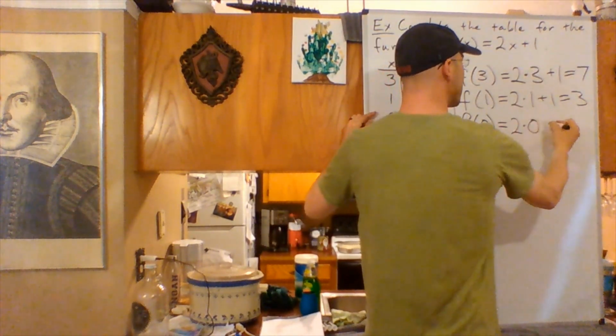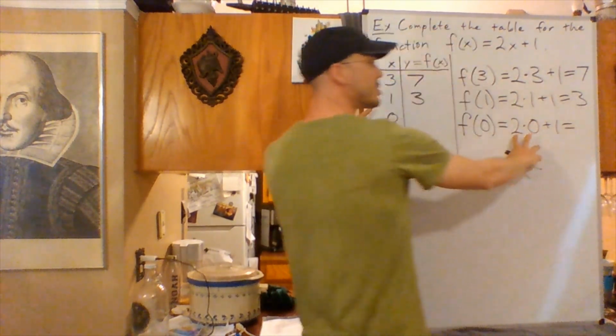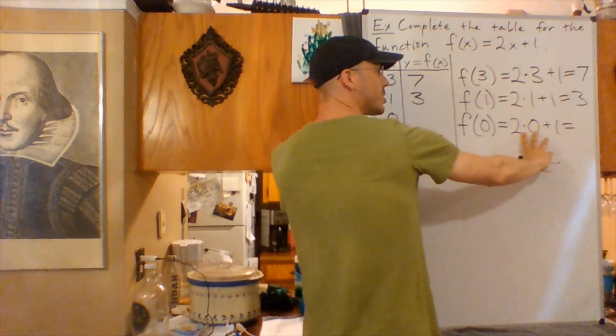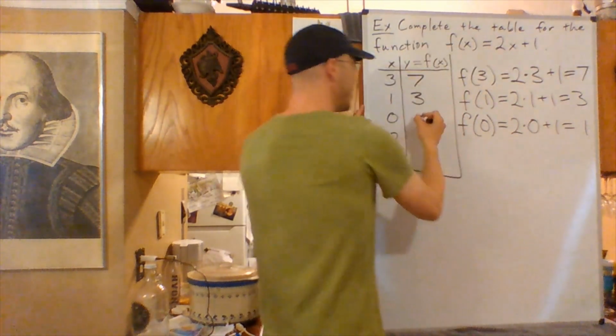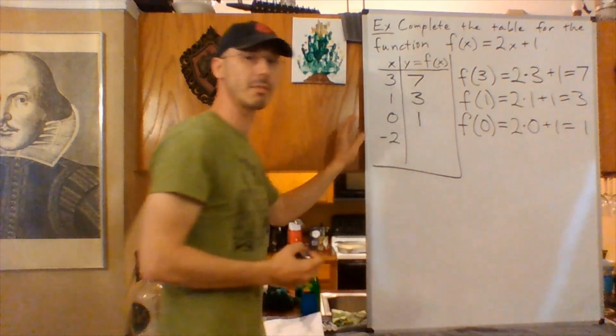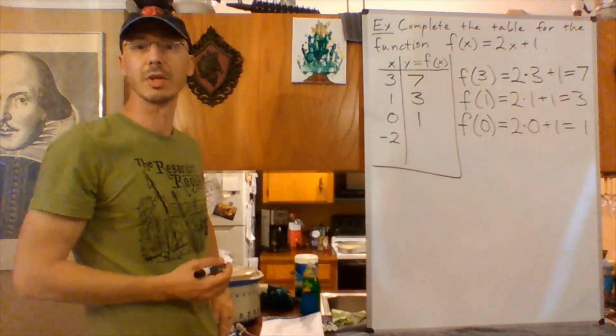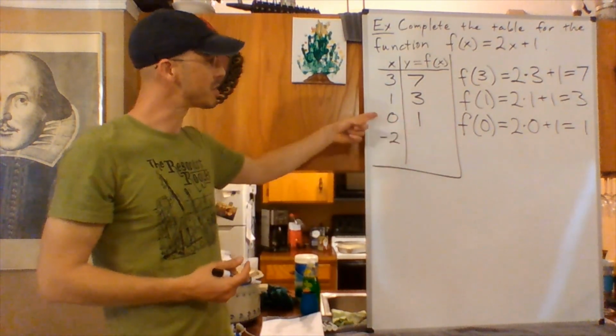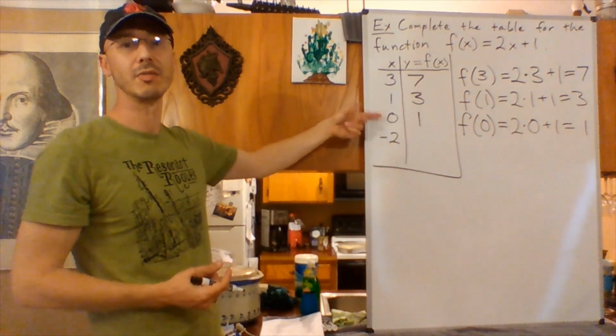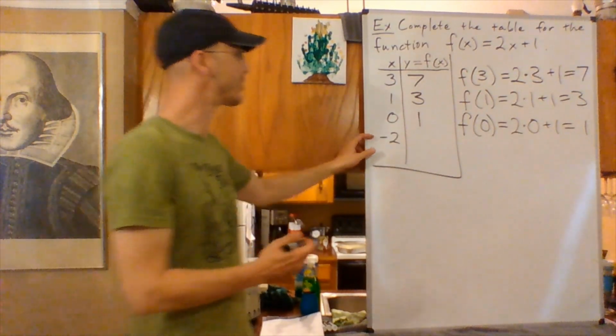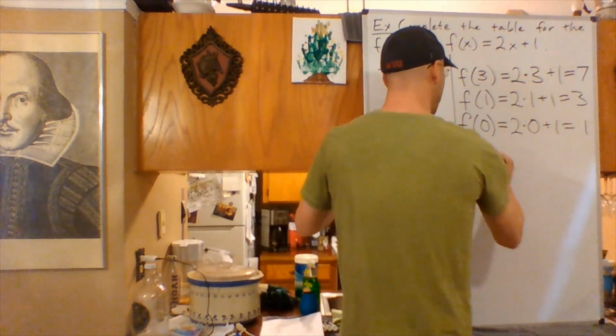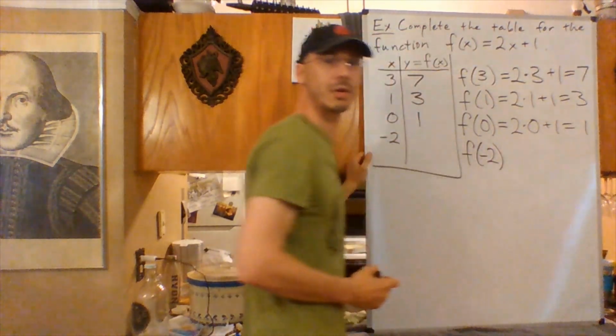Next, f of 0 is 2 times 0 plus 1, which, 2 times 0 is 0, so it's just 0 plus 1 or 1. And that's my y value, or my output value that corresponds to the input value, or x value of 0. And then finally, f of -2.